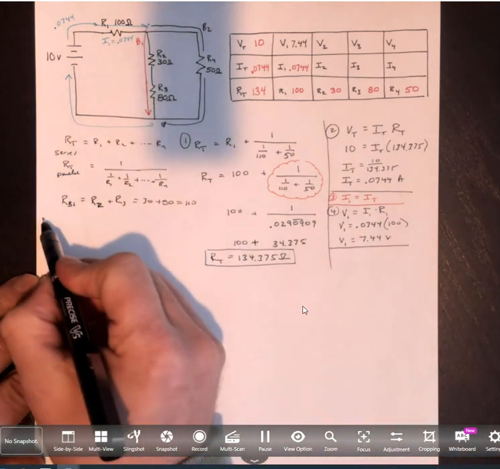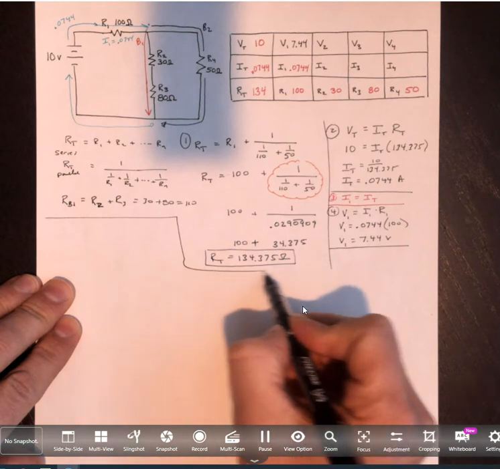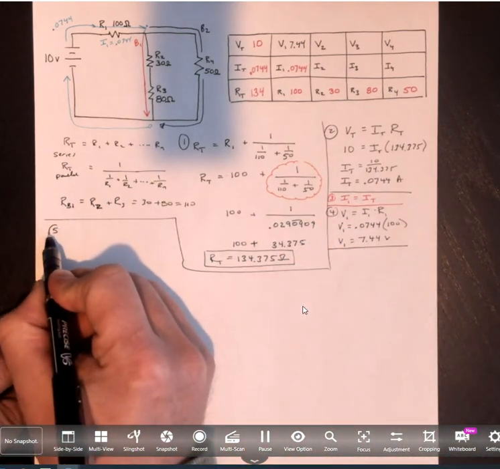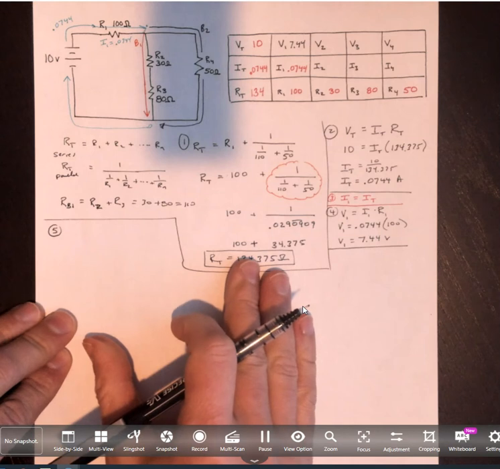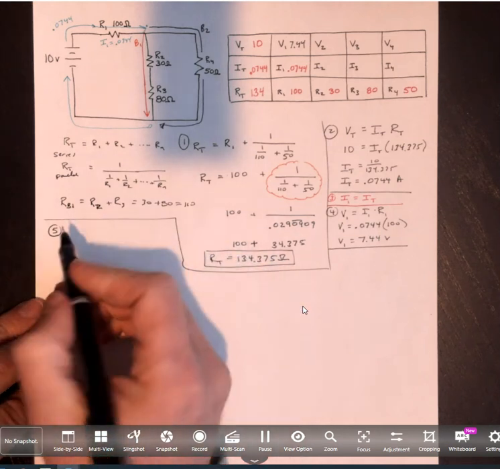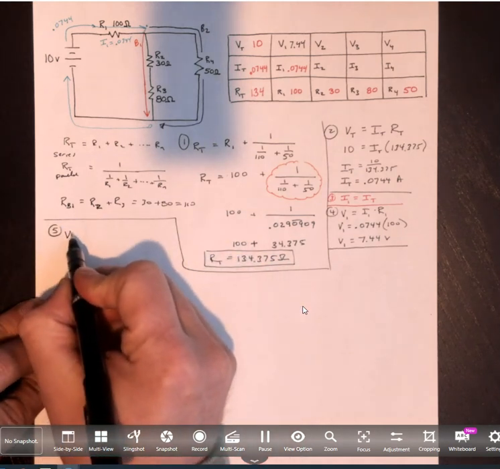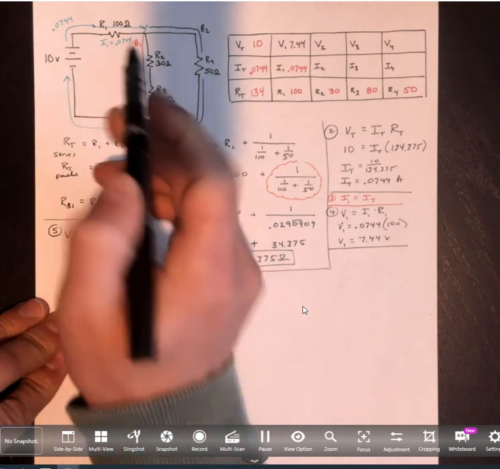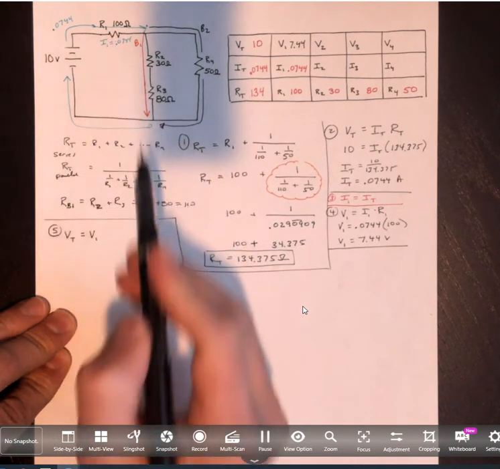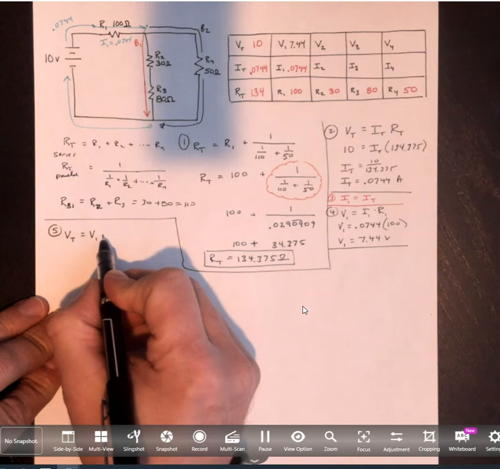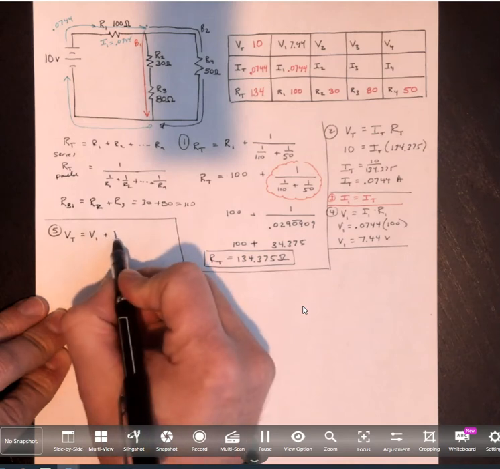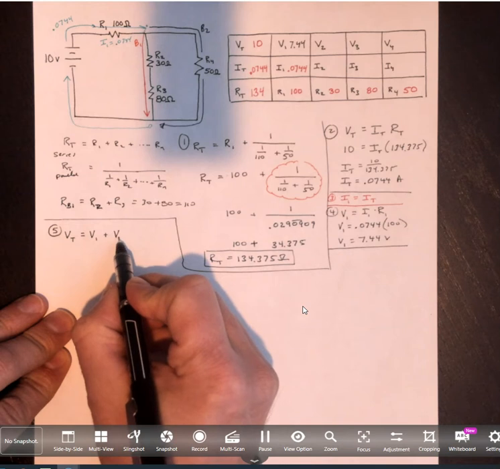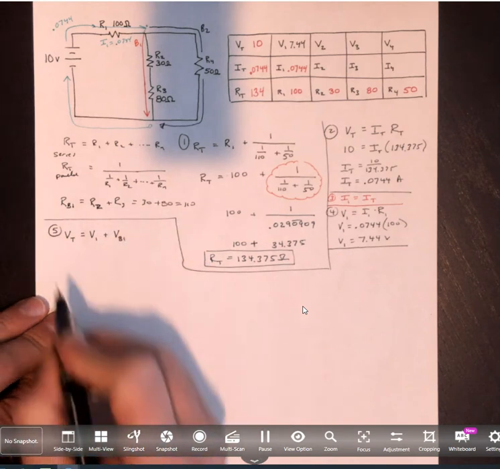So let's write it out this way. I'm on my fifth thing, just trying to keep track of the order in which I flowed through this problem for you. So let's write out that the total voltage has to equal the voltage at the first component, plus the voltage of the branch. So that could be branch 1 or it could be branch 2.